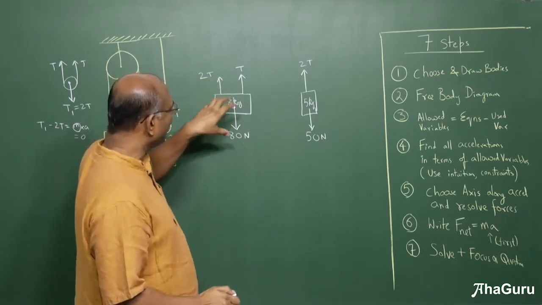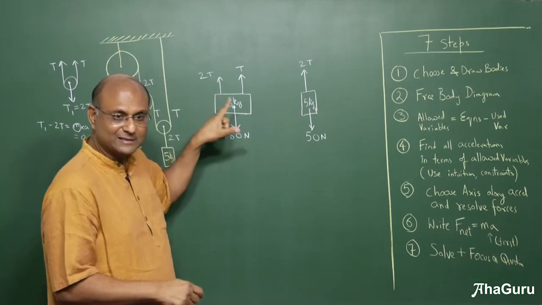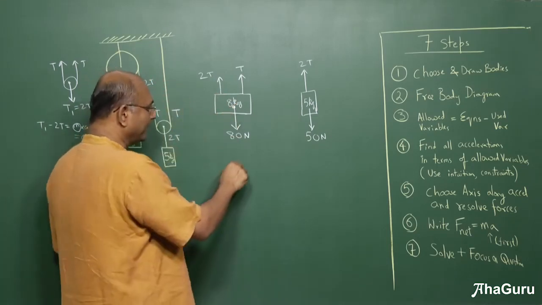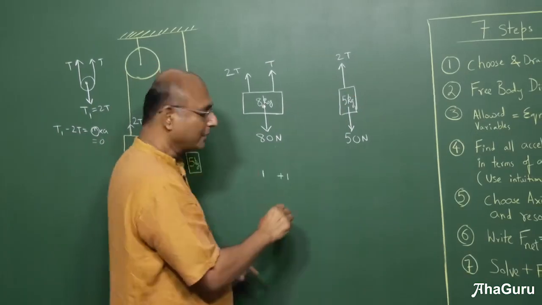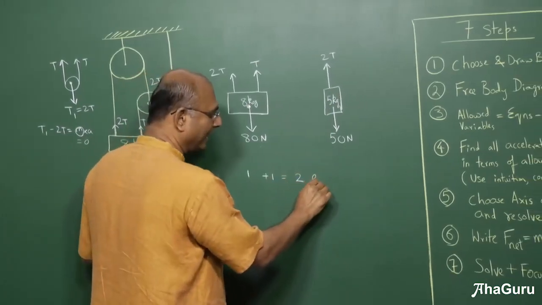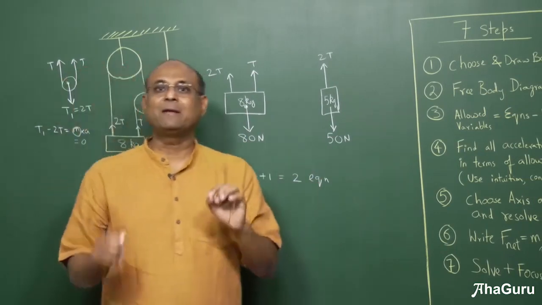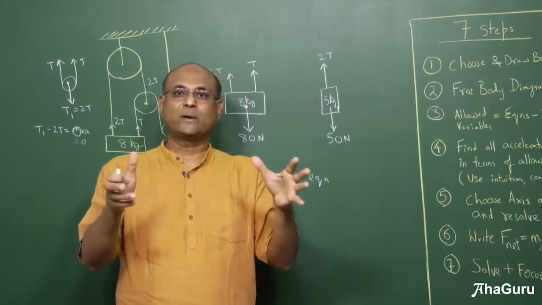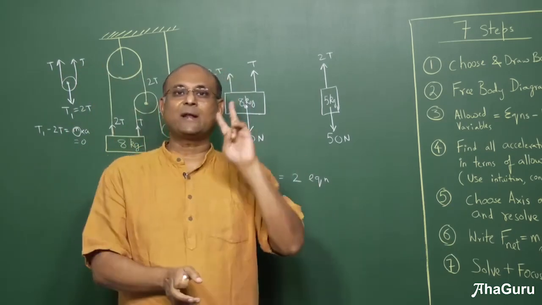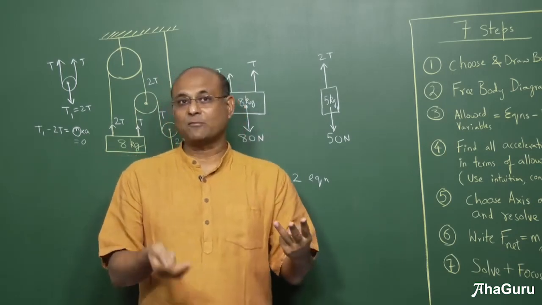Now if you look at this block, I'm going to get one equation, which is net force on this block is mass into acceleration. So I'm going to get one equation for this block, plus one more equation for the other block. So how many equations will I get? 2 equations. With 2 equations, how many variables can you solve for? 2. If I have 2 equations in x and y, I can solve for x and y. With 1 equation, I can solve for x. With 3 equations, I can solve for x, y, z.